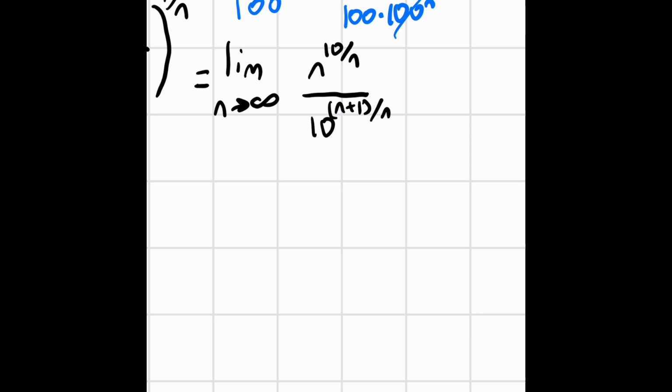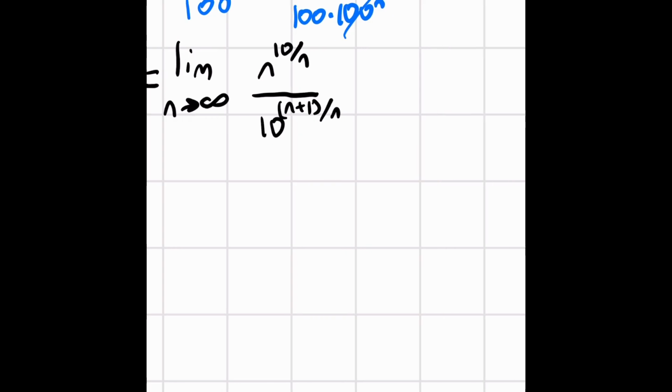Now the issue here is that our immediate conclusion might be, oh, if we're doing 10 over n, that limit as n goes to infinity should make this go to 0, but we're having n as the base there, so it's a little bit more complicated than that. We don't get to just immediately say what that goes to. In fact, really what I want to do is rewrite this as n to the 1 over n, to the 10th.